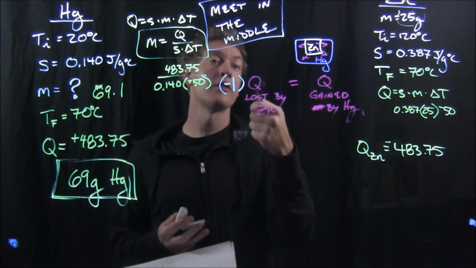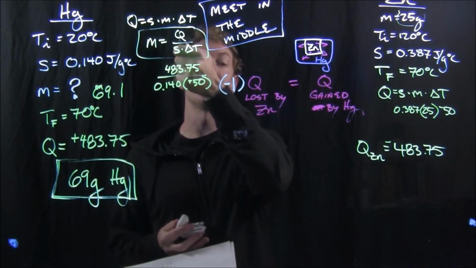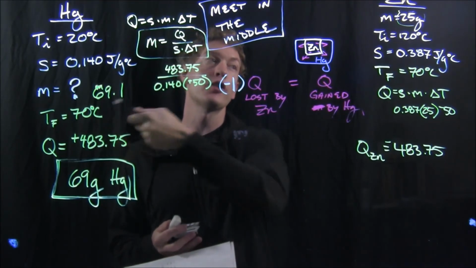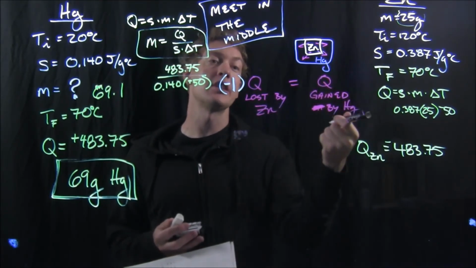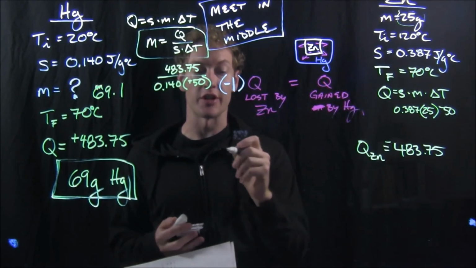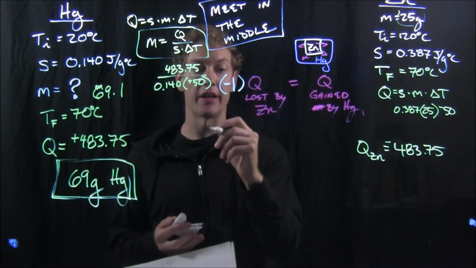And if Q is equal to S times M times delta T, I can then sub in the S, the M, the delta T for mercury, and the S, the M, the delta T for the zinc, and then I can cancel some stuff. So I'm going to go ahead and sub that in.